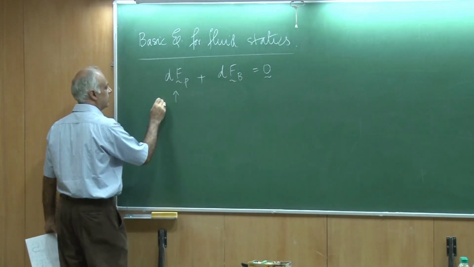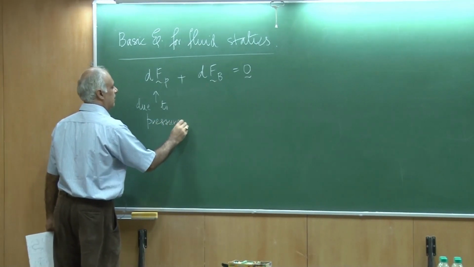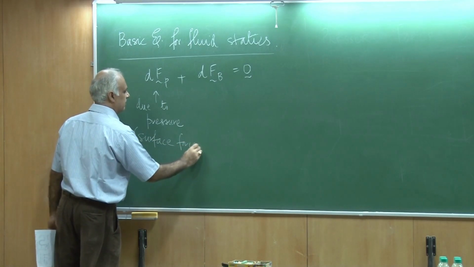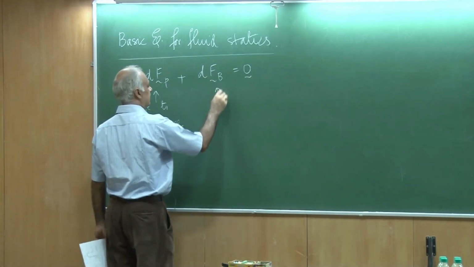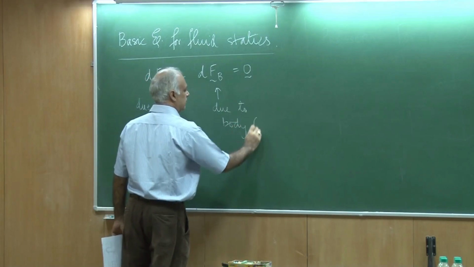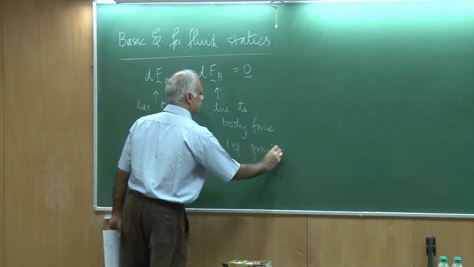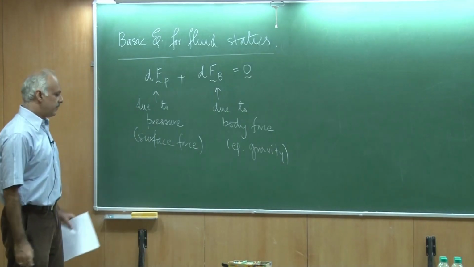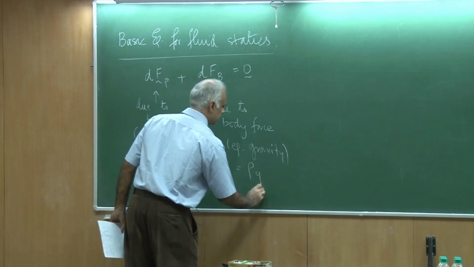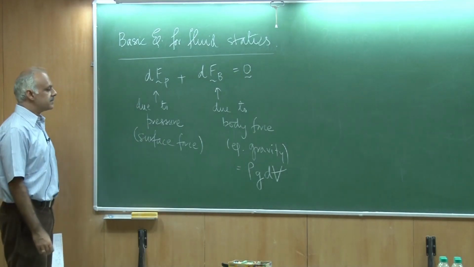This is due to pressure, which in fact is a surface force, and this is due to body force, for example gravity. And we already know what this is. This would be actually rho times g times the volume of a certain element.